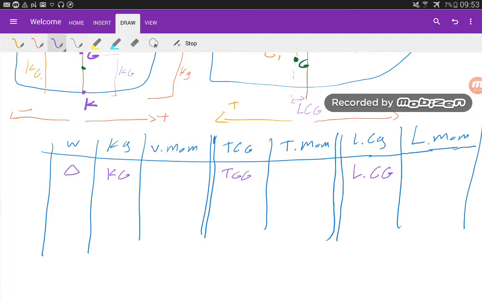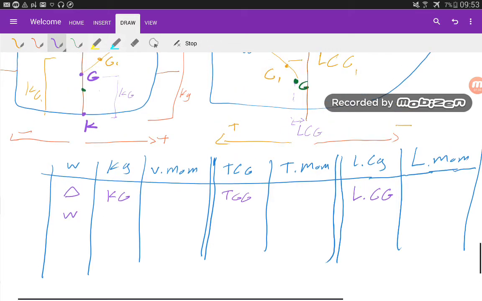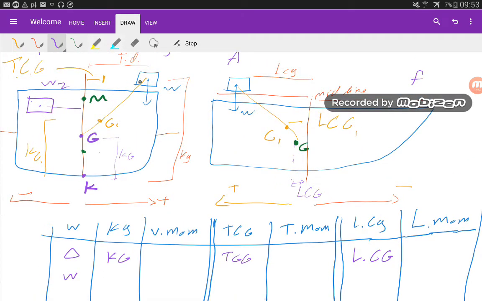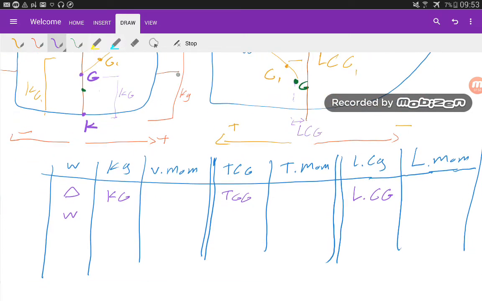So what you are going to do is add your weights, the distance of the weight to the center line, the distance of the weight to the keel point, Kg, the transversal center of gravity, and the longitudinal center of gravity.